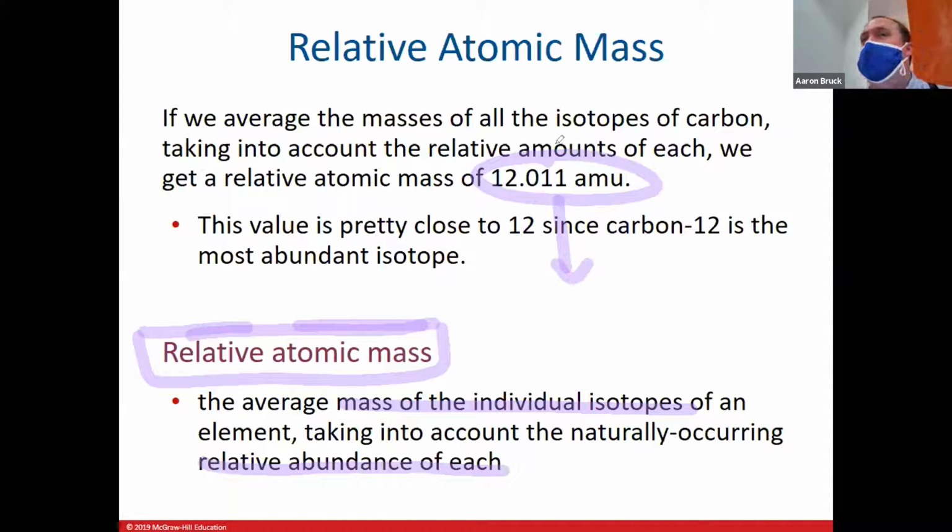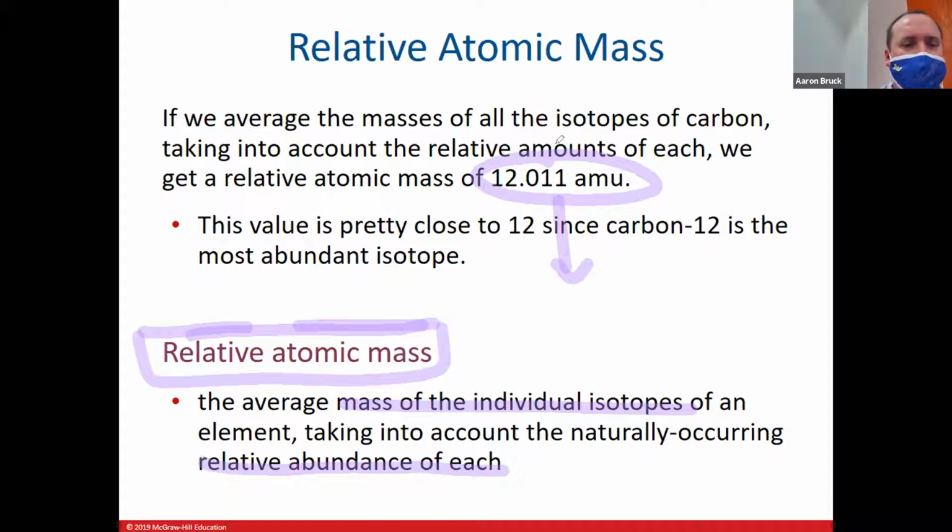It's actually just over 12. Why is that? Because over 99% of the carbon on planet Earth is carbon-12. The other 1% is split between carbon-13 and carbon-14, and the majority of that 1% is actually carbon-13. Less than 1/10 of 1% of all the carbon on planet Earth is actually carbon-14. So it's not a simple average.